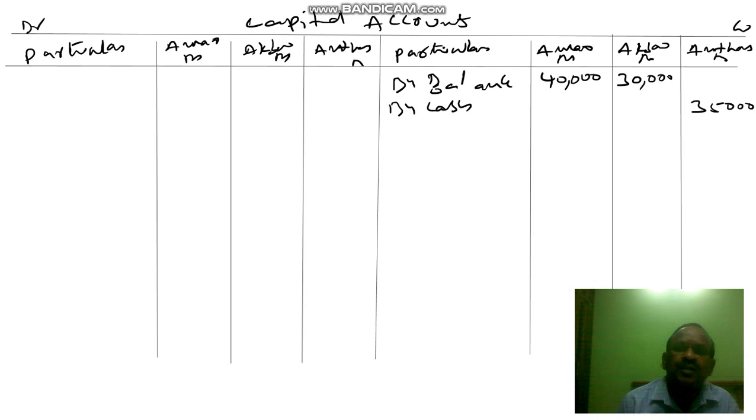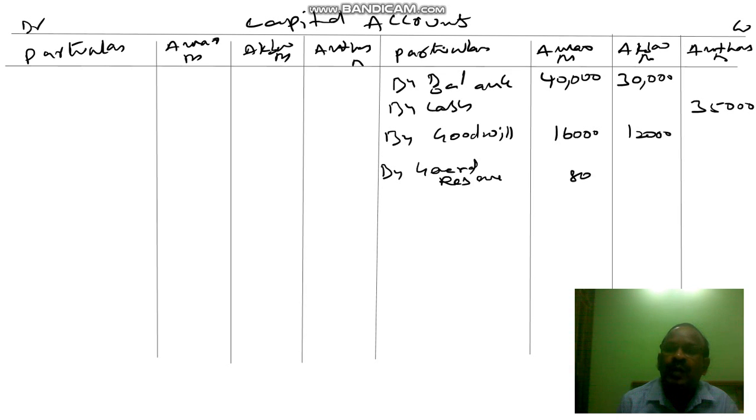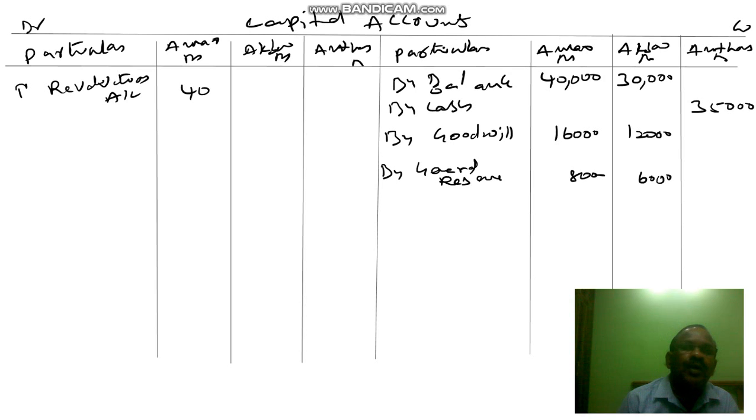Next is by goodwill. So the goodwill of the two is 16,000 and 12,000. Next is by general reserve, 8,000 and 6,000. They got the loss from the revaluation account, that is 400 and 300.